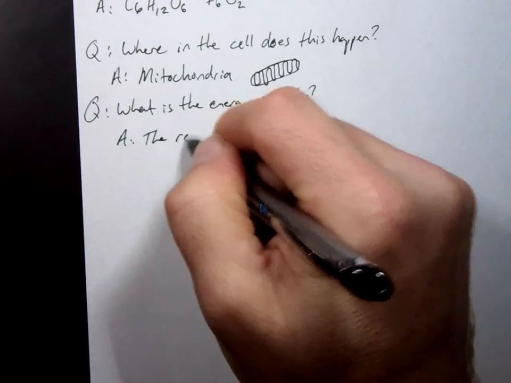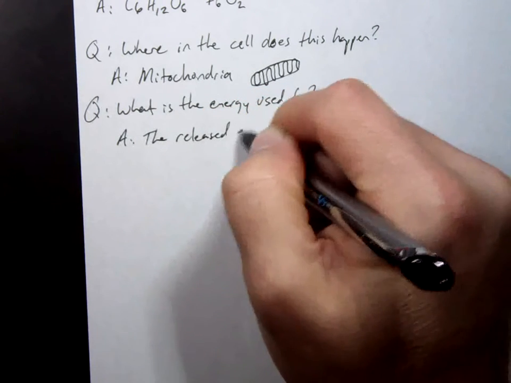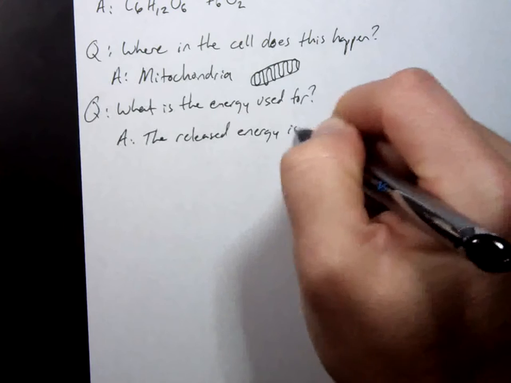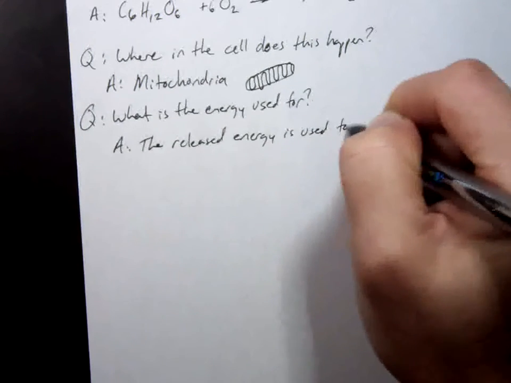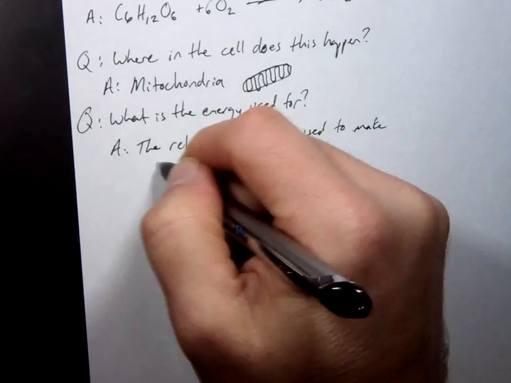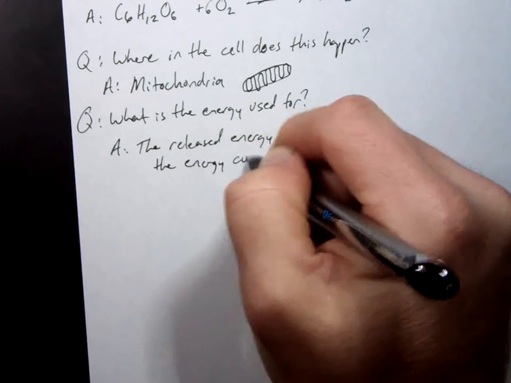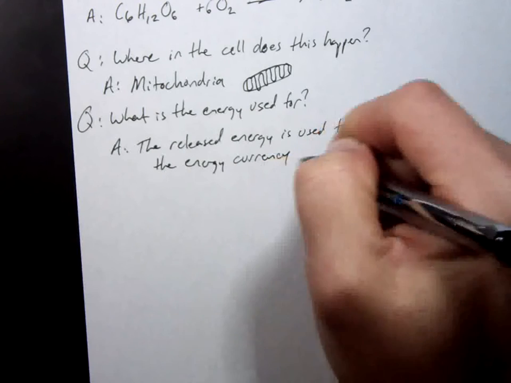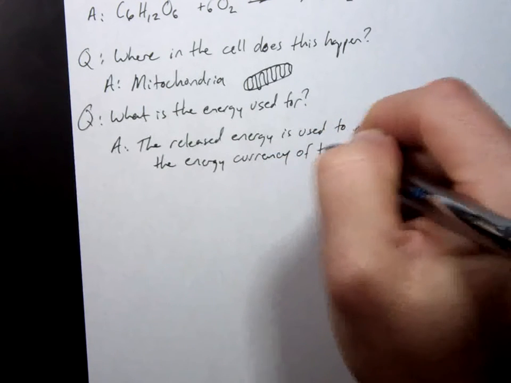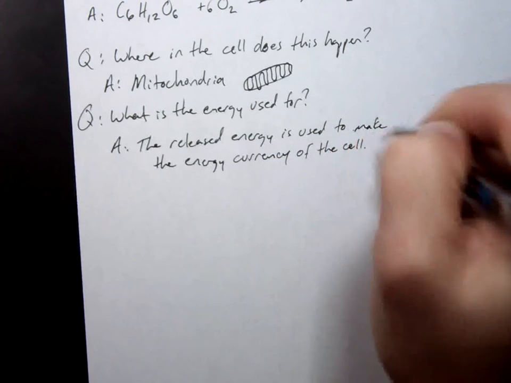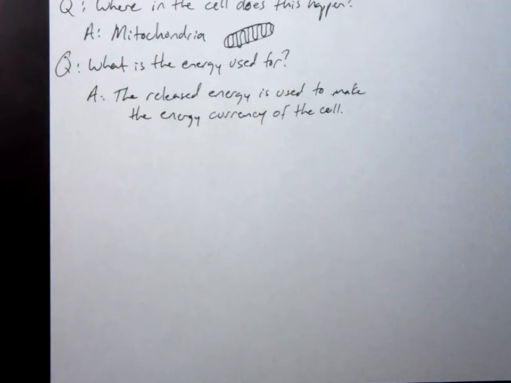The released energy is used to make the energy currency of the cell. Energy currency of the cell.